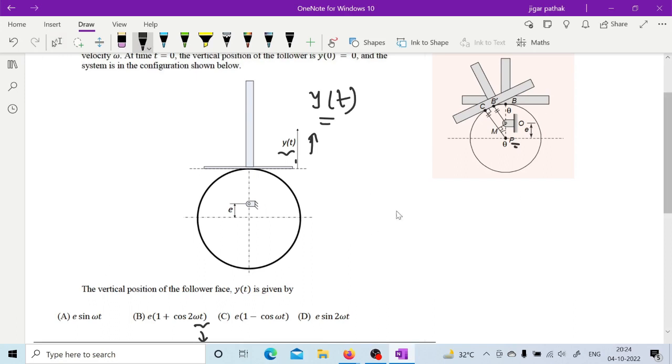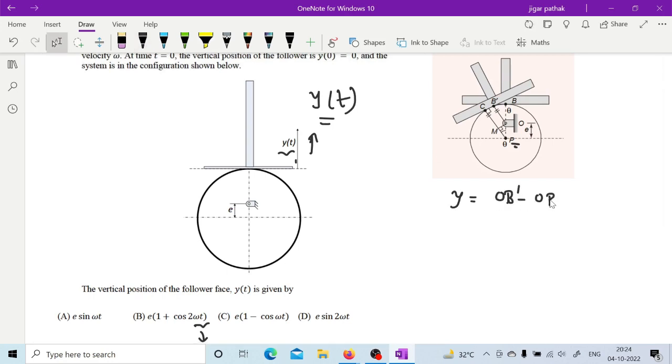So basically, as I have given you the hint, y is this OB dash minus OB, right? In the direction y, this will be the distance traveled. So OB dash is equal to Cm, as you can see from the figure. So y is nothing but this Cm minus OB.